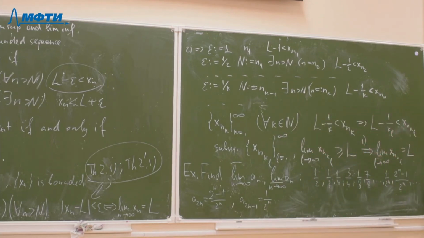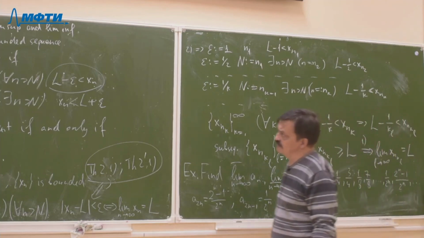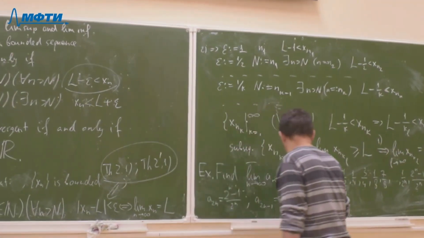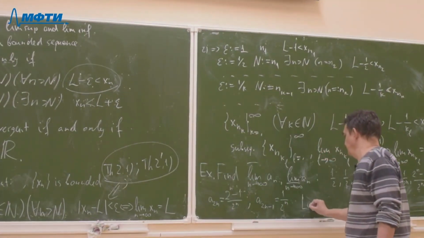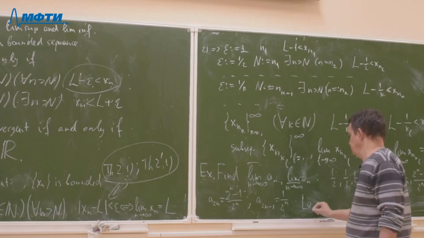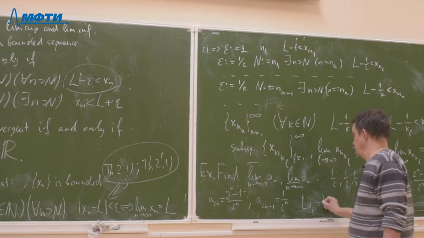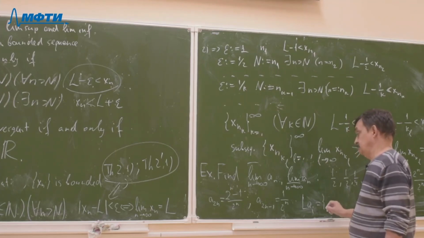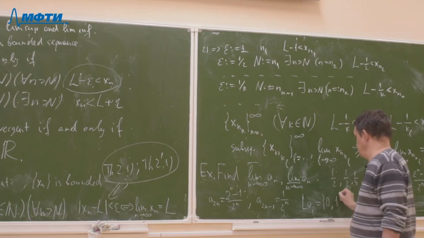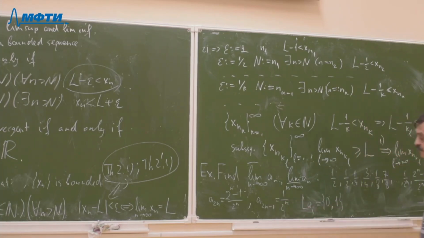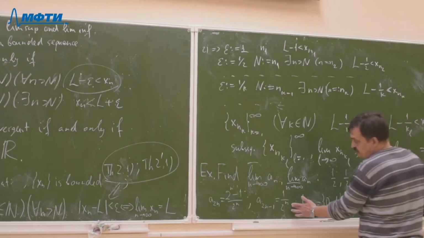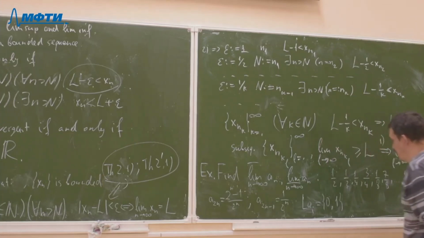So we have two convergent subsequences, and the set of partial limits contains two elements, 0 and 1. This partial limit is 0 here, and this partial limit is 1.